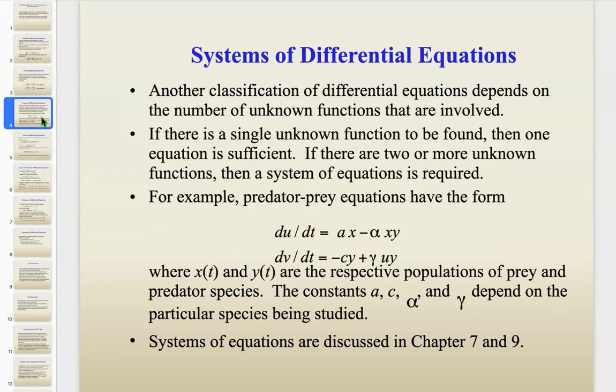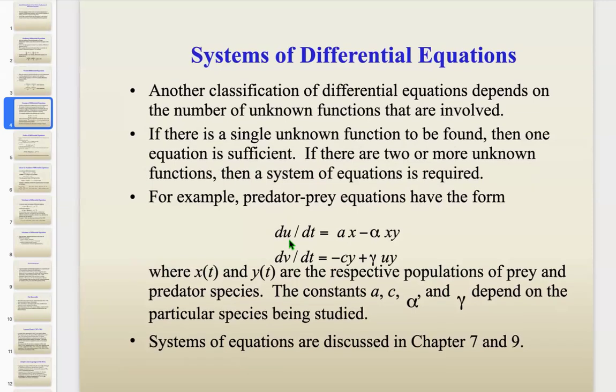Later on in the course, we're going to study things that involve more than one ODE, what we call a system of ODEs. A very well-known example, terminology-wise, even if you don't know much about ordinary differential equations, is the predator-prey equations. You have two unknown functions, and both are functions of t only.